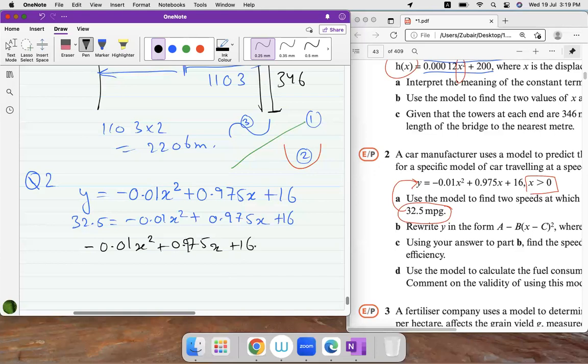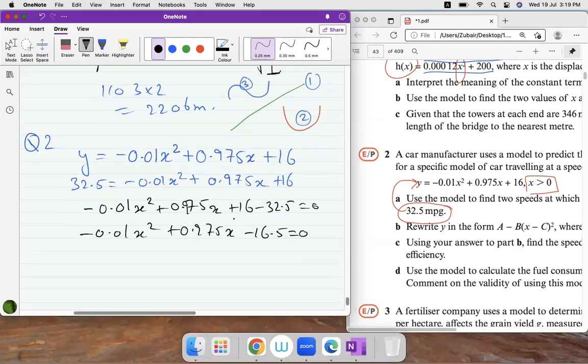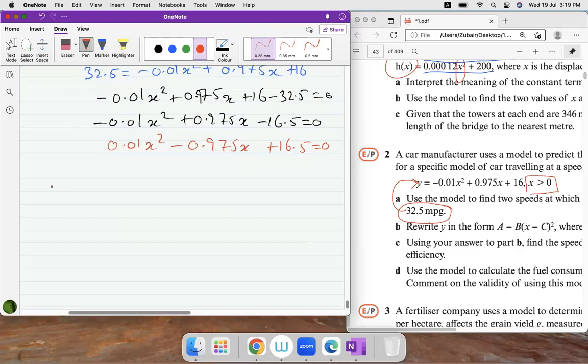So negative 0.01 x square plus 0.975x, and 16 minus 32.5 is negative 16.5. We can use these same values or we can multiply the whole equation by -1, changing the signs of all the numbers, and now we use our quadratic formula.